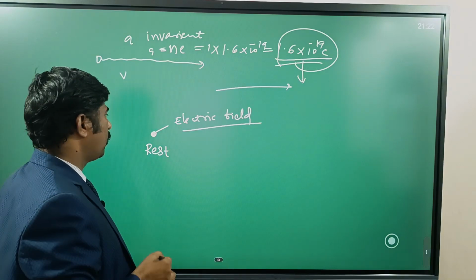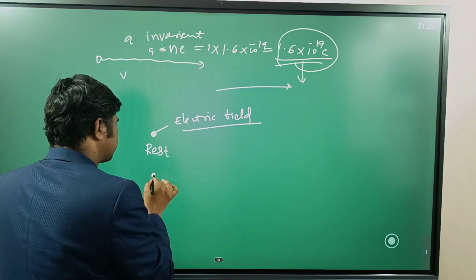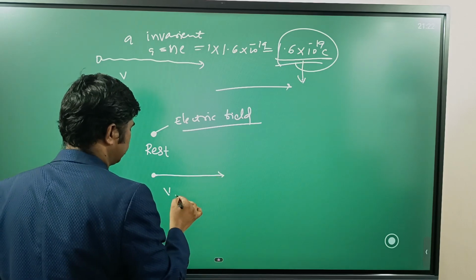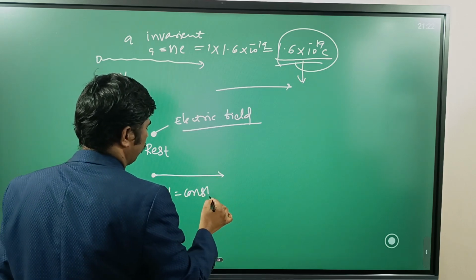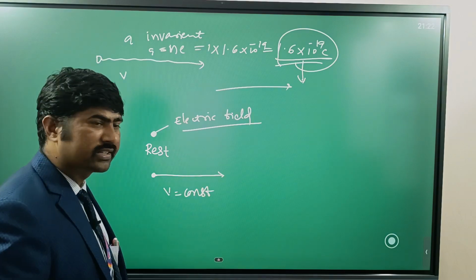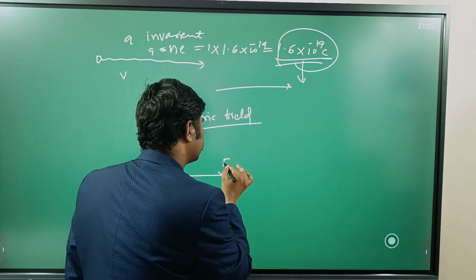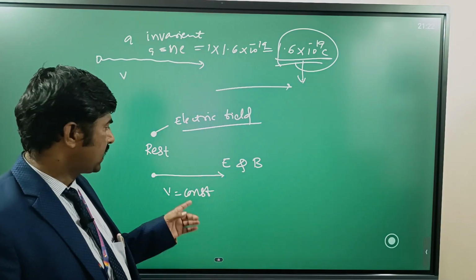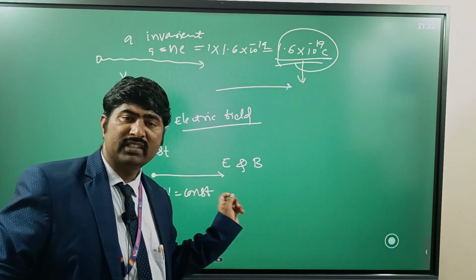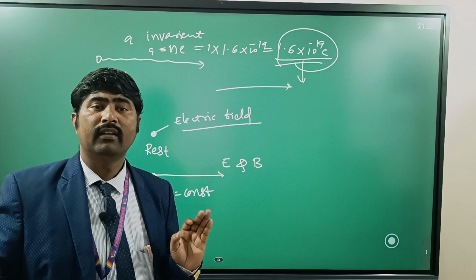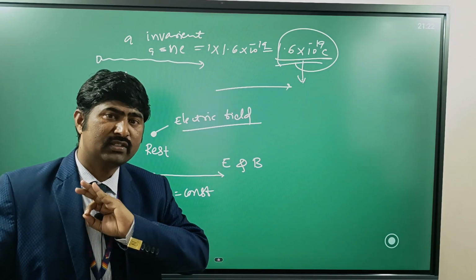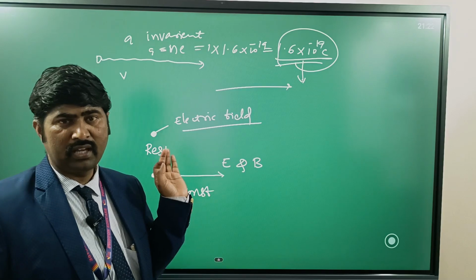Clear? So when the same charge is moving with a constant velocity, it will produce both electric as well as magnetic field. When the charged particle is moving with a constant velocity, this is called unaccelerated motion, so there is no acceleration associated with the electron.